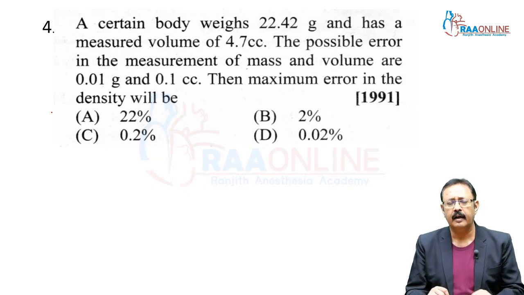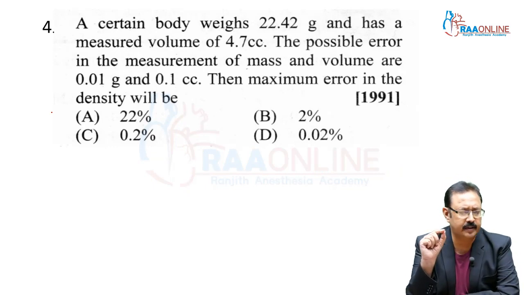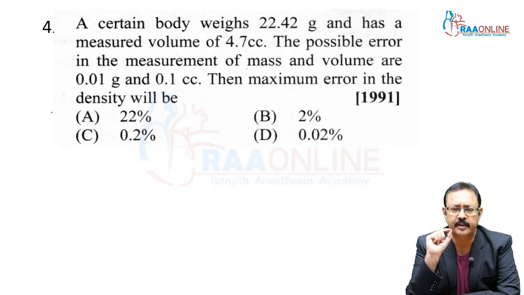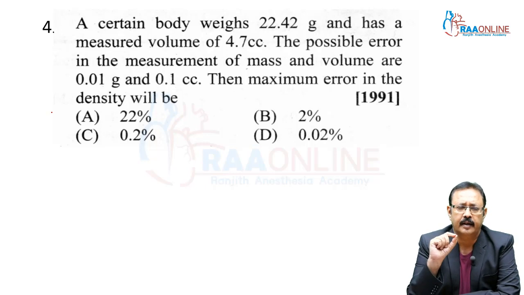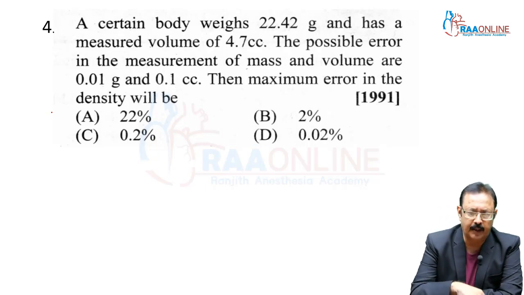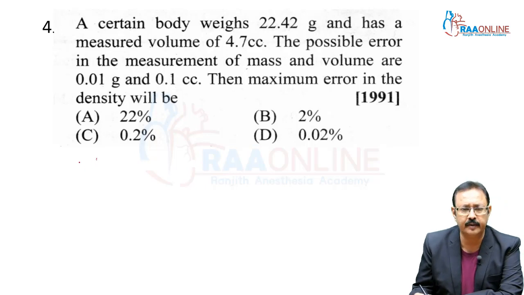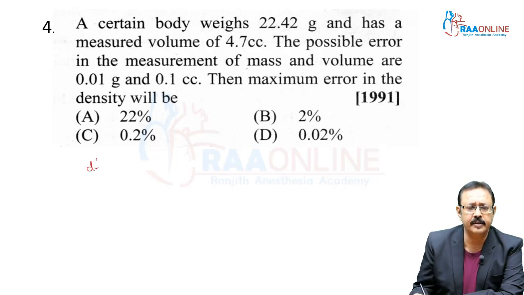Next, a certain body weighs 22.42 gram and a measured volume of 4.7 cc. Possible error in measurement of mass and volume are this. In density, we need both mass and volume. What I told you in theory part, what is density?